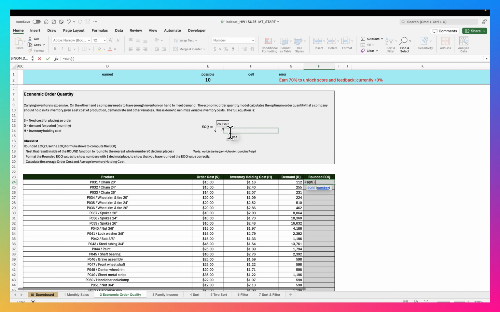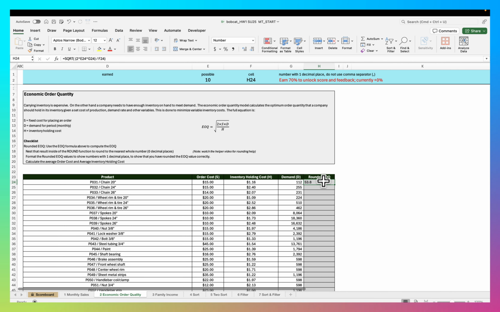So I'm actually going to do that, and I'll put 2 times S is this one, times D is this one. Close the parentheses for the numerator, then put a division symbol, and then that's divided by H here. Close the parentheses now for the whole square root function.